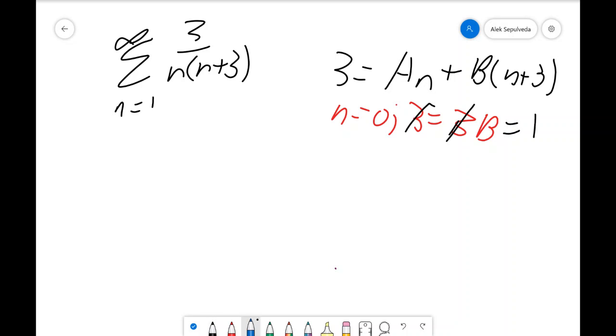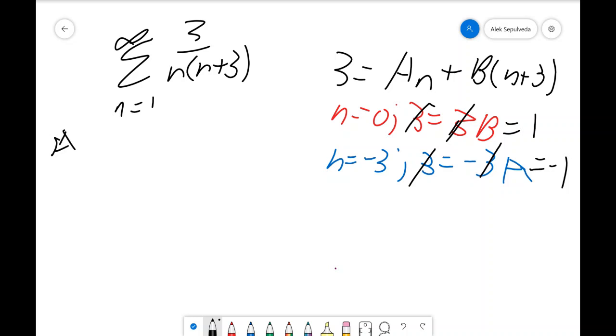Now isolating a, when n equals -3, we end up with 3 equals -3a. Cancel these two out, and we see that a is equal to -1.